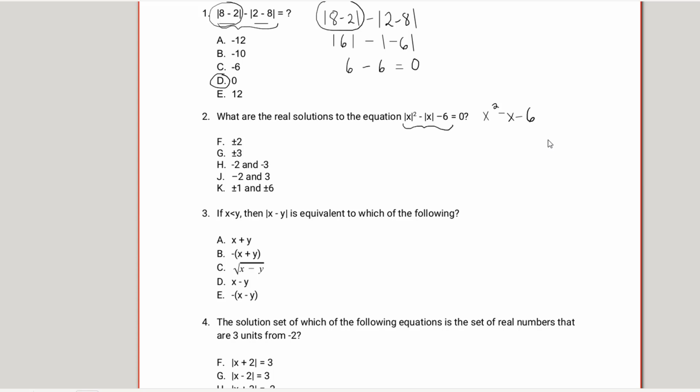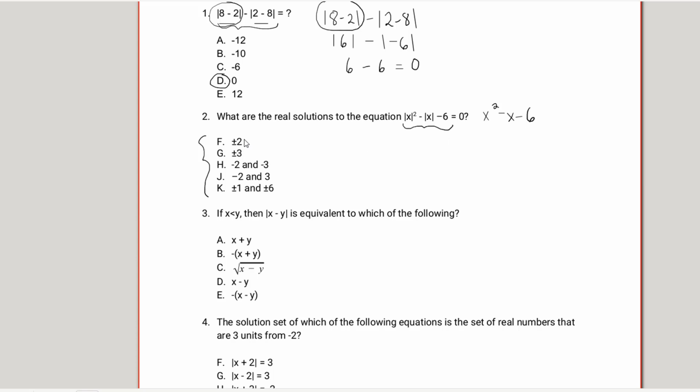But I want to present to you another way here by using the answer choices. So we have answer choices F through K, and when we plug in these values, for whichever answer choice, when we plug in for x, we get 0, that's going to be our answer. So this might be a method that you may want to try as opposed to initially factoring.